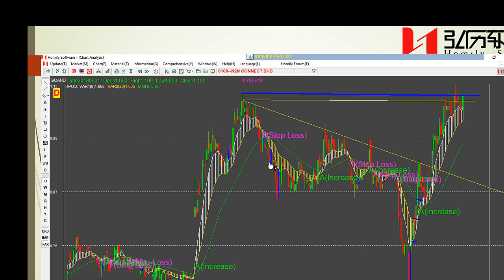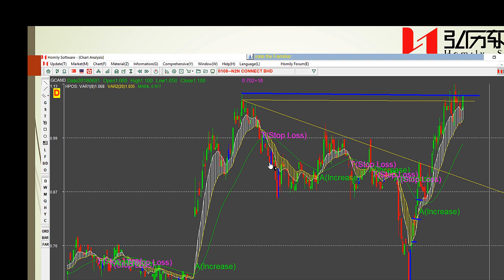So here we can see this is the bottom area. So when it appears the increase signal, we can buy it. But we can see it cannot break out, so we can draw a down trend line, connect the high point, and then we can get the down trend line.